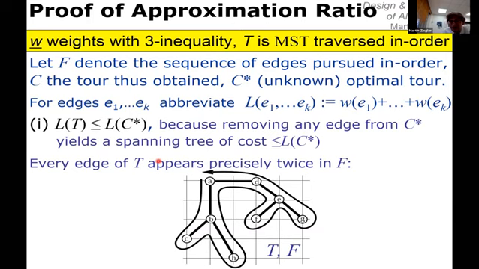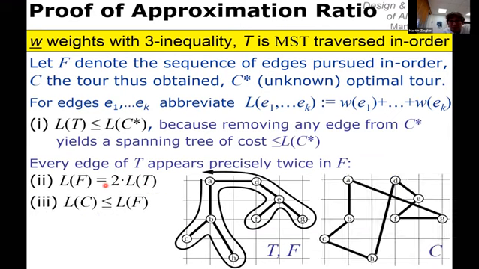So that's basically the backtracking or recursive traversal algorithm for such a tree. And since every edge is pursued precisely twice, the total weight of the edges in this sequence F is precisely twice the total weight of the edges in the minimum spanning tree. And that's exactly what our second inequality, which happens to be an equality, says.